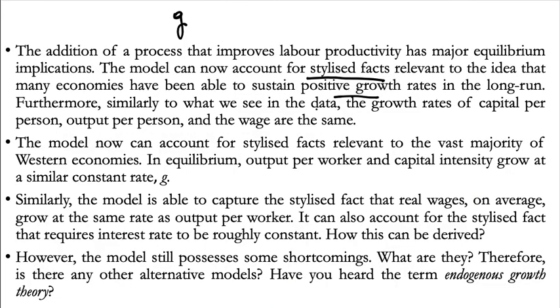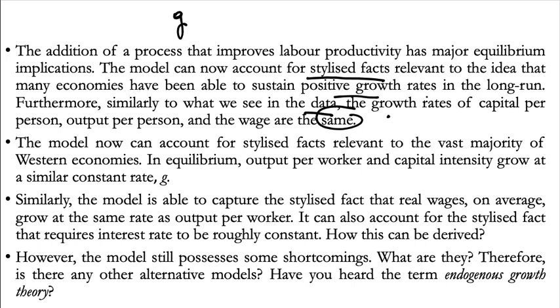It is similar to the empirical data, where the growth rates of capital per person, output per person, and the wage are the same. So the model can account for stylized facts relevant to the vast majority of Western economies, which have a persistent, very long-run constant growth rate g.